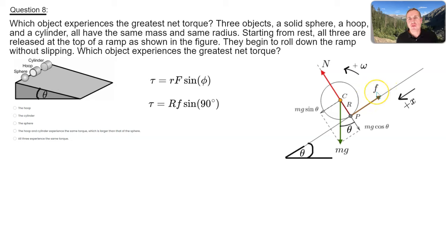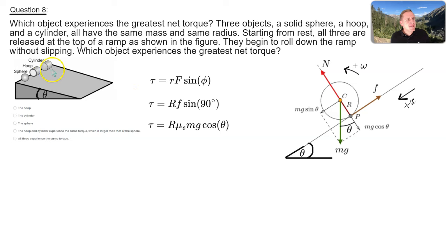Now the friction force should be given by the normal force times the coefficient of static friction. So indeed, this torque is going to end up becoming R times mu s times the normal force, which is mg cosine theta. We already went over that. But wait a second, let's think about this carefully.